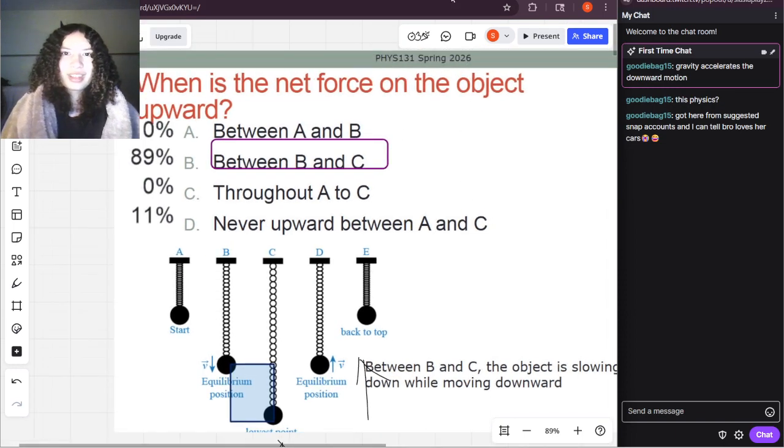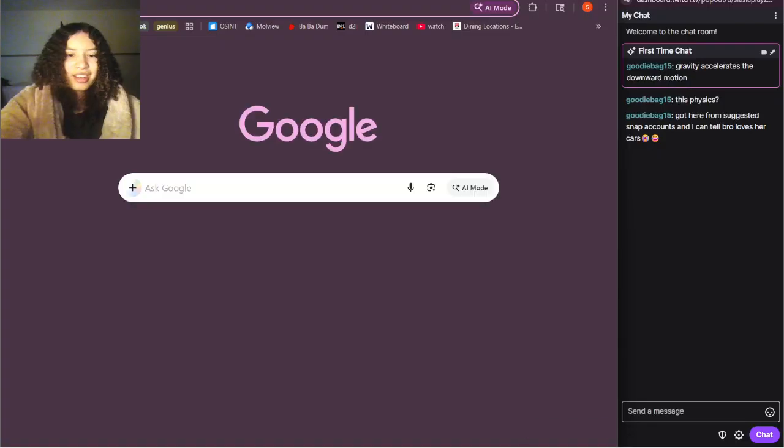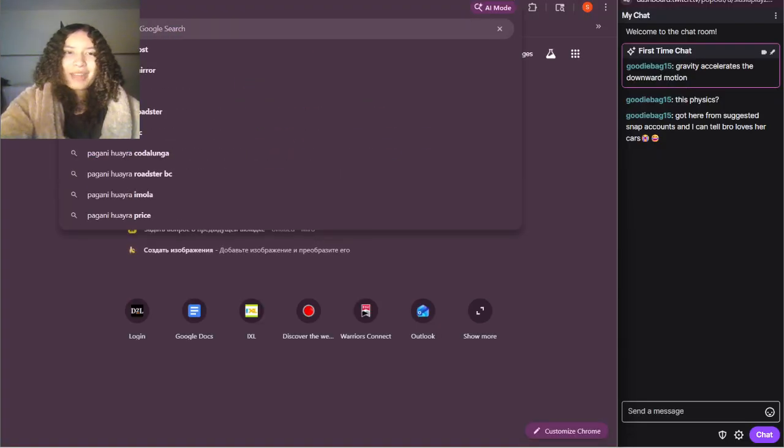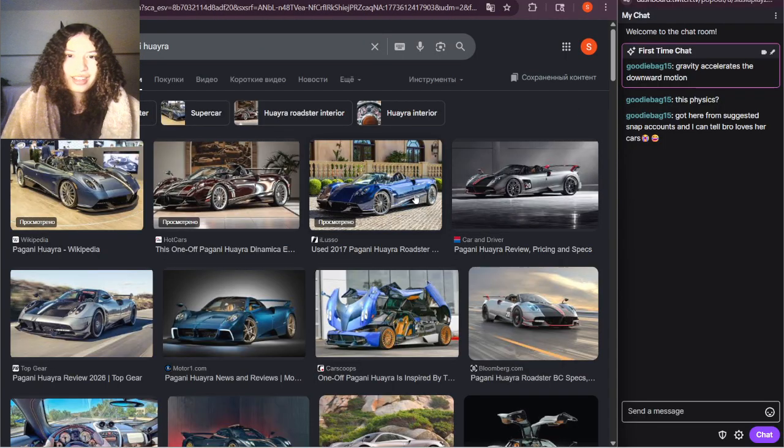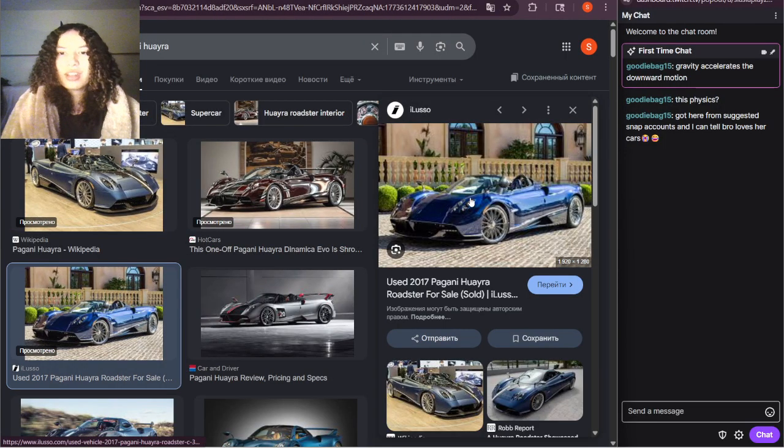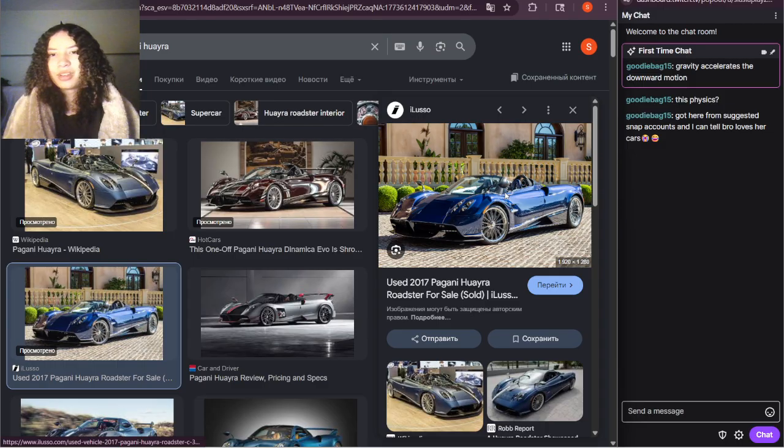Sure you saw. You know what's a really cool car? I'll show you one car and then I'll get back to my physics. The Wyra. Check this thing out. This thing is sick. It's like $3 million though. Do you see this thing? And you know what's cool is these lights, they were actually apparently modeled after his wife's eyes, which is really cool.